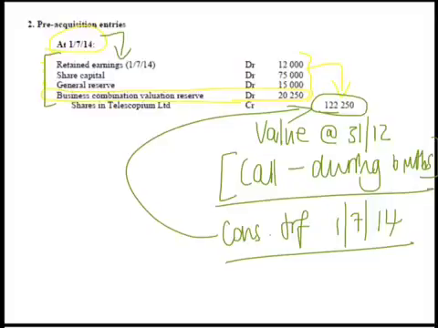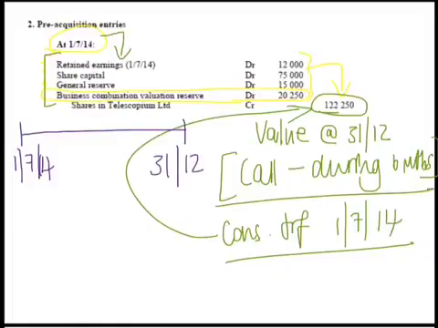We then further have to consider, since the acquisition date until the 31st of December this year, whether anything happened that has an impact on this journal entry, or this adjustment entry.